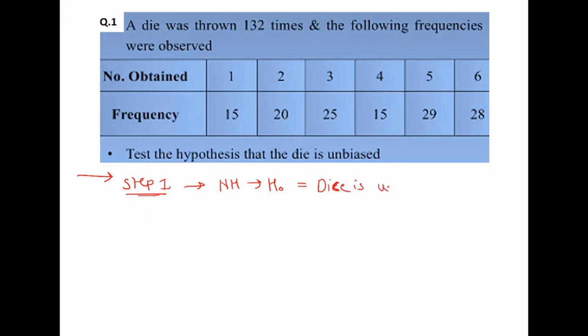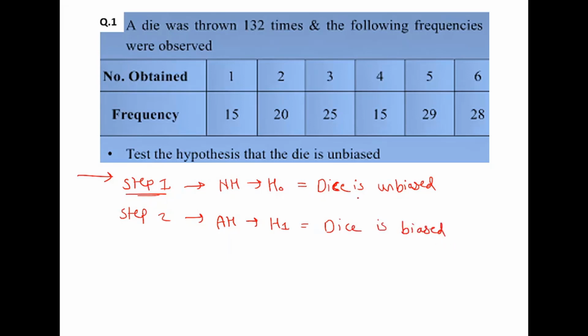Die is unbiased. In step 2, we define the alternate hypothesis, that we say that dice is biased.